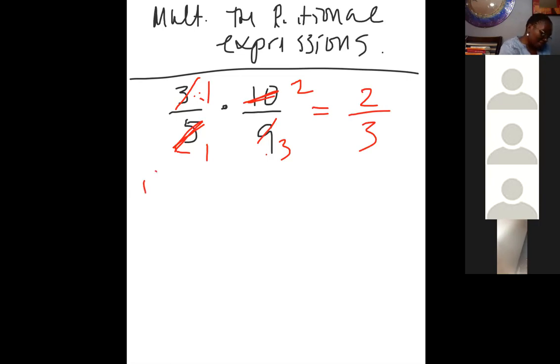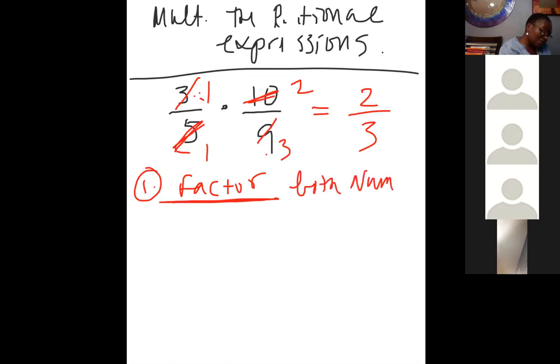Here are the steps to do it in algebra. First, you can't forget it, guys. This is one of the feared F words: factor both numerators and denominators, if possible. Sometimes it's not possible.